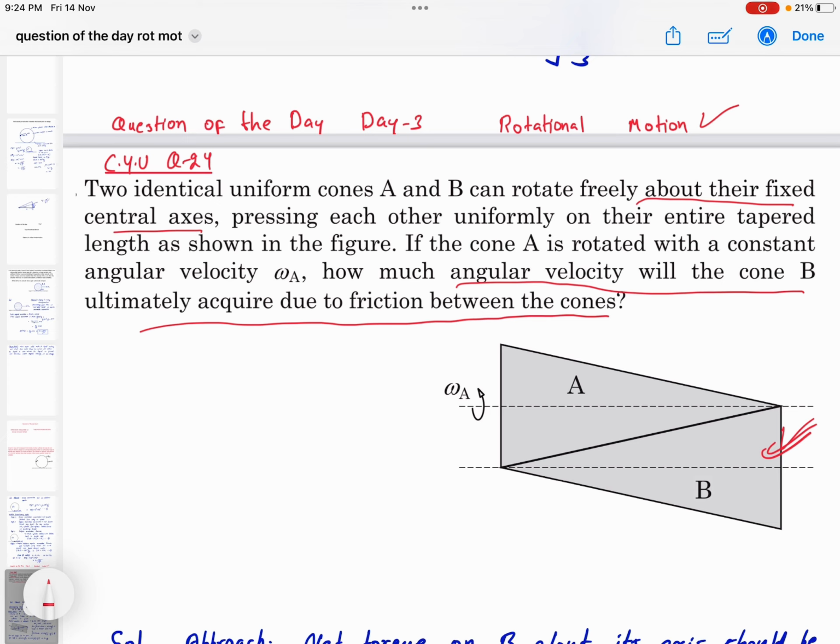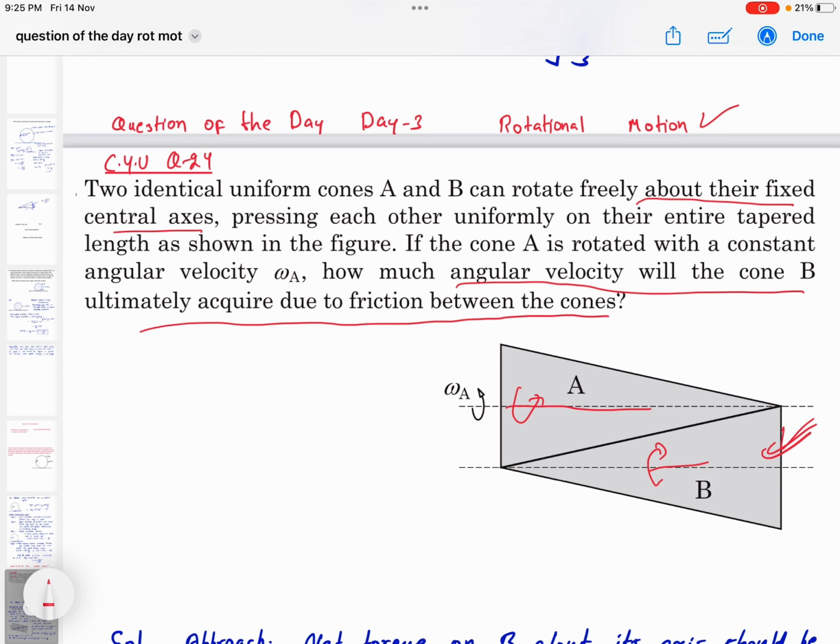First of all, what should be the approach to the question? In this question, one cone is being rotated by some external agent, and B ultimately acquires some constant angular velocity. The main point is, if B is acquiring a particular angular velocity, then the net torque on it must be 0 finally.